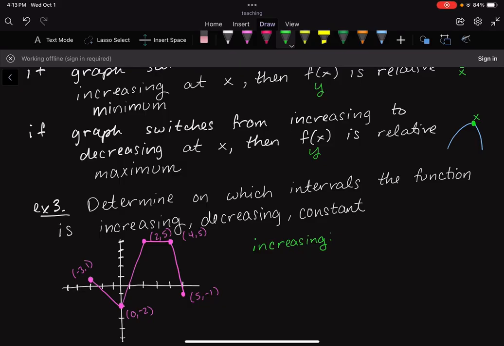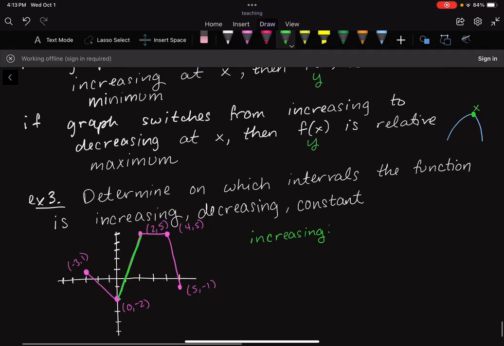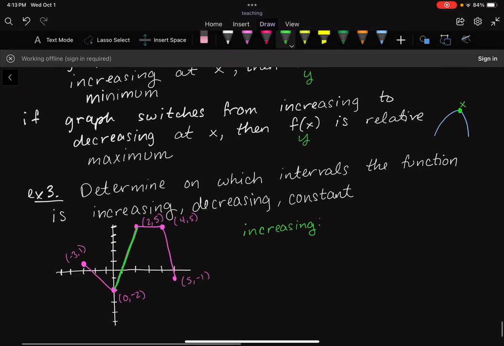You'll see these with curves later, but for this one, it just happens to be split into lines. So I'm only increasing right here, the only time I'm going up. The interval in which that is happening, they're going to want the x values. So that happens from 0 to 2. Make sure you type this in right, and it is brackets.